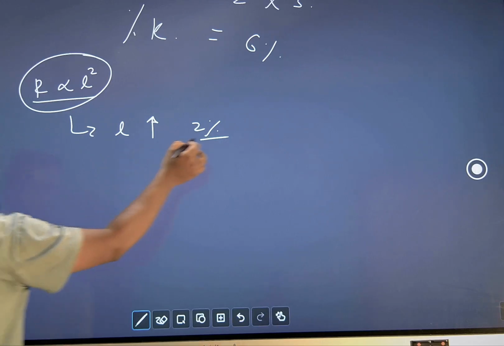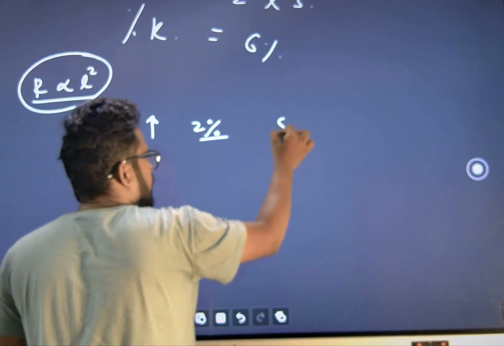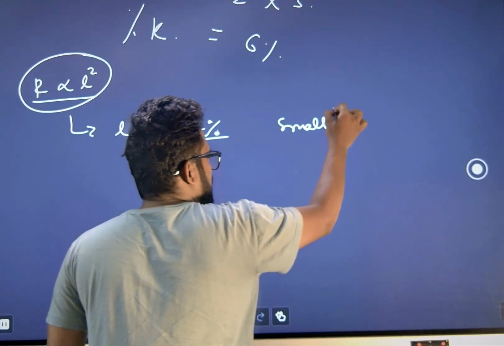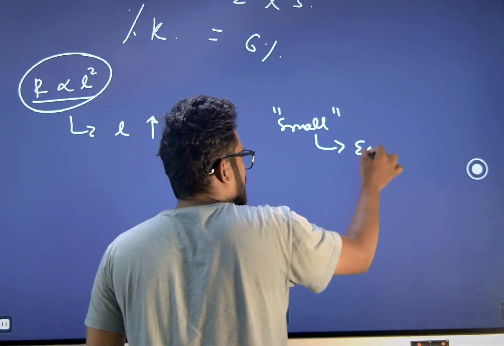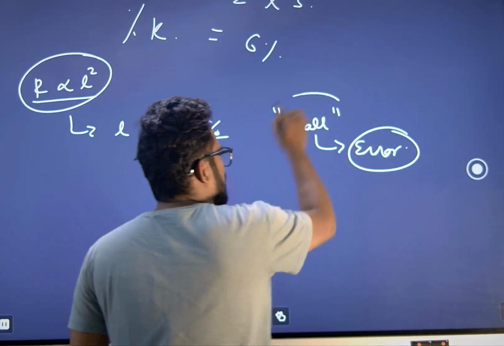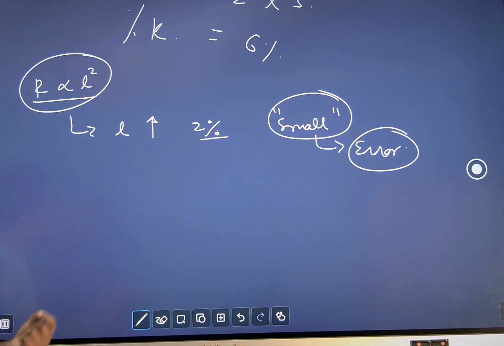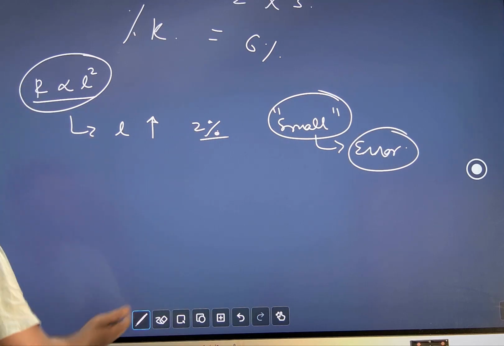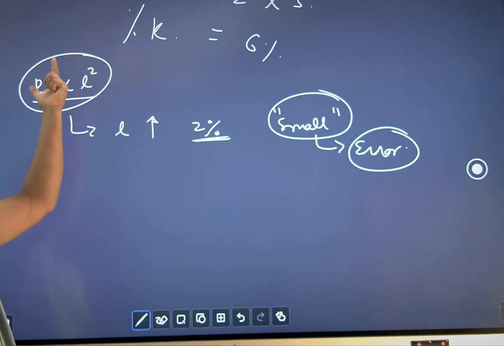Whenever small percentages are given, we can talk about it as error. Errors are always small errors only, not like blunders. So length increased by 2%. Or we can say that the error in length is how much? 2%.